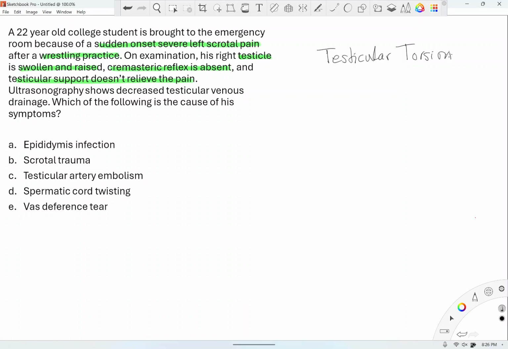Okay, testicular torsion. So if this is the testes, remember testes have a spermatic cord. So this spermatic cord within has the testicular vein, and it has within it the vas deferens. Let's use gray. And within it, it has the testicular artery.